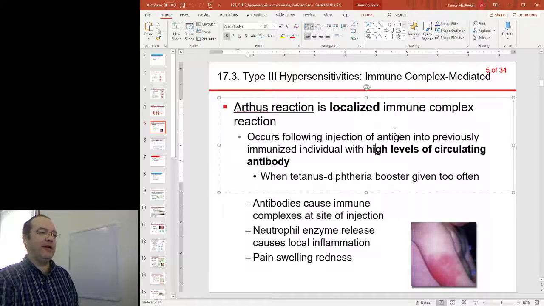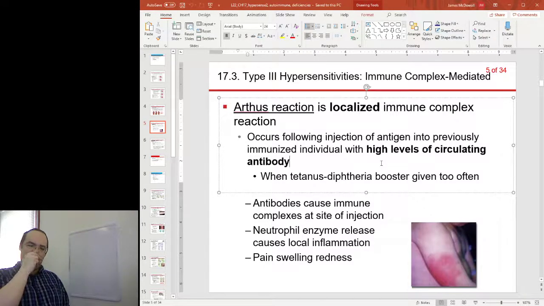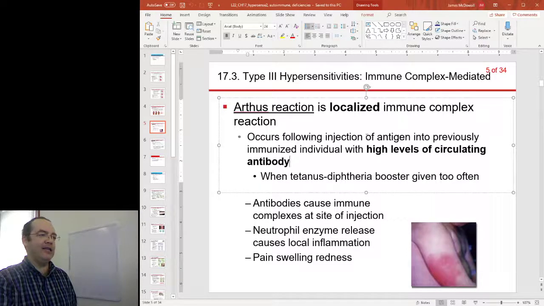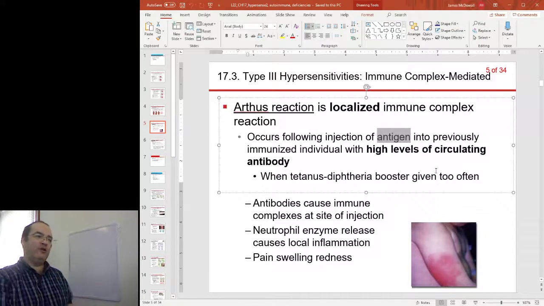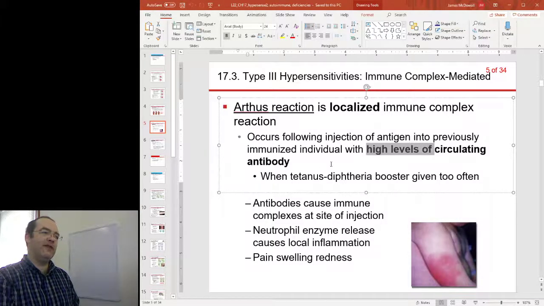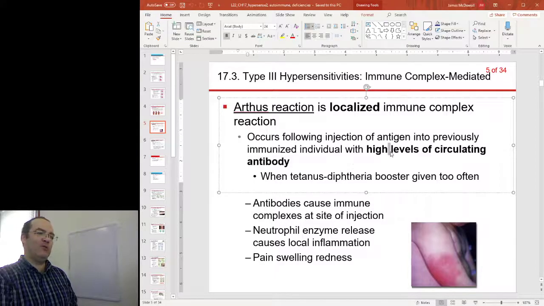So after an immunization, you're going to have circulating antibodies in your blood. And when we have an injection of antigen, that's a lot of antigen, and when there are also high levels of the antibody, that's when we set up the conditions to form those small immune complexes.